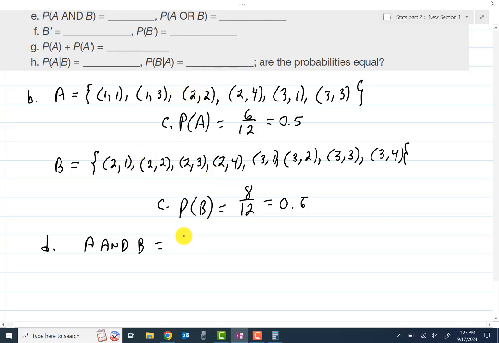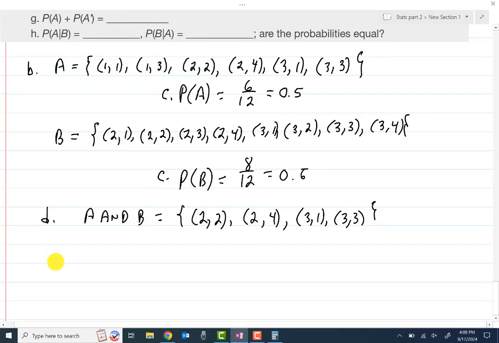I see that 2, 2 is in there. 2, 4 is in there. 3, 1, and 3, 3. Of course, we'll be asked for the probability of that. So the probability is 4 out of 12, or 0.3 with a bar over it.